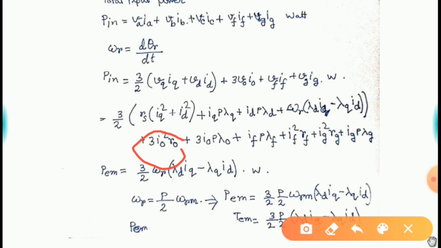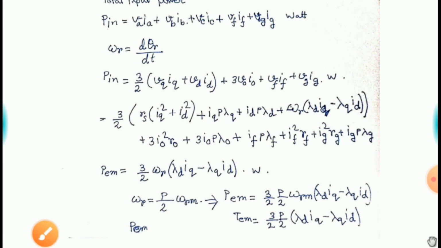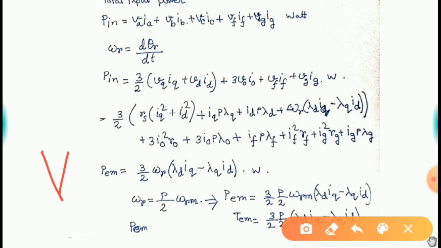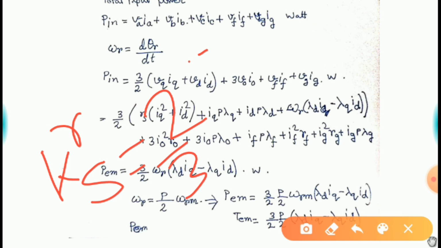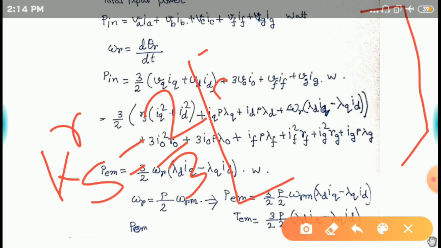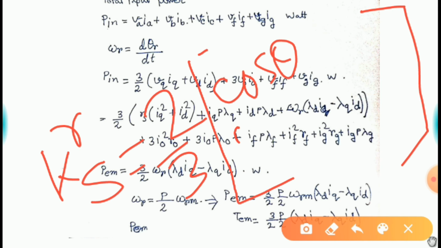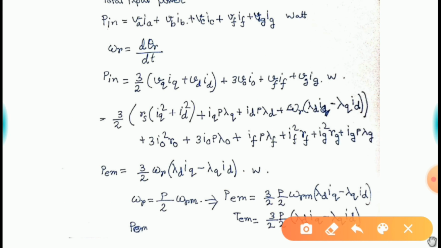But if you see the equation of transformation, that KSR matrix, it had some 2 by 3 terms. Let me write once again.